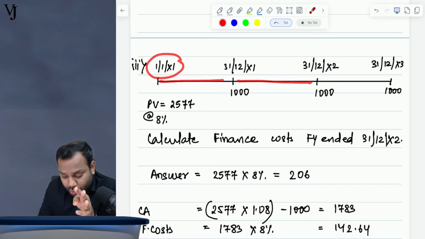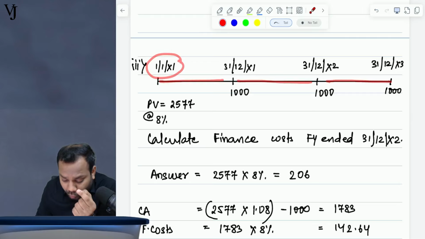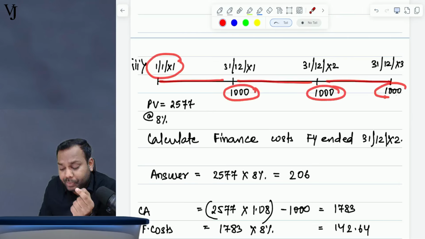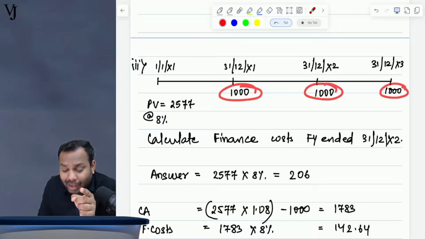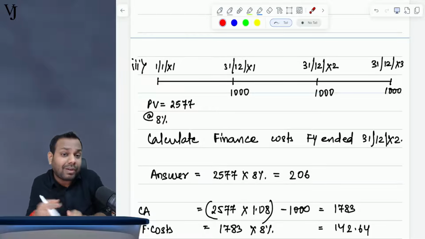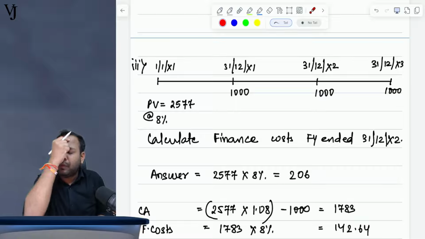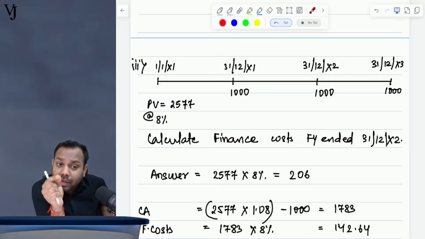The lease payments are 1,000 per annum. Now read the question properly: whether these lease payments are in advance or in arrears. In a hurry to solve the question fast, we forget this small point. So read the question carefully.